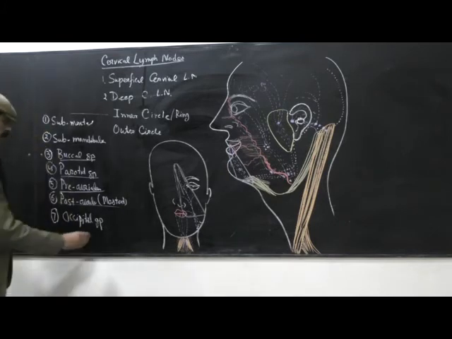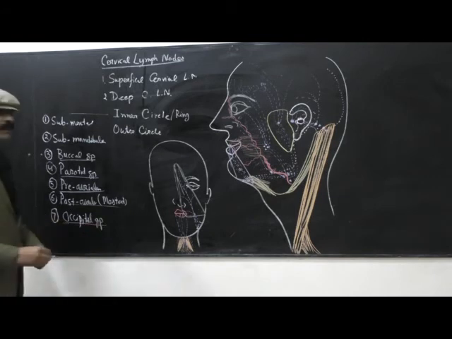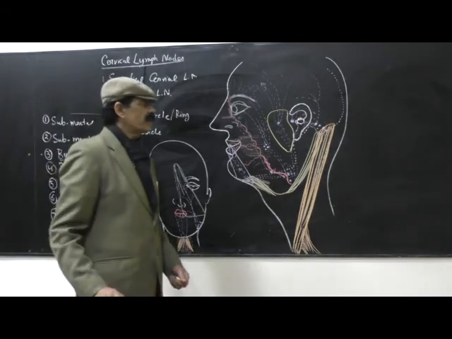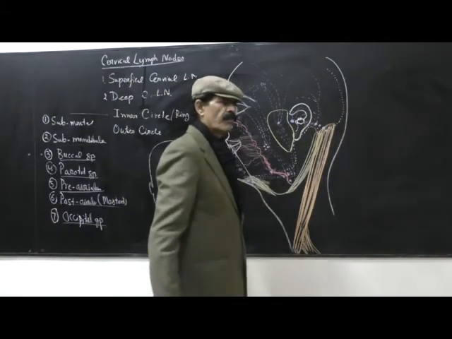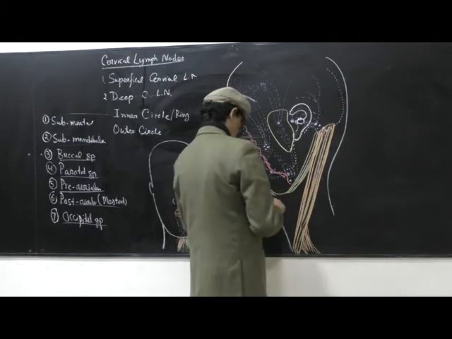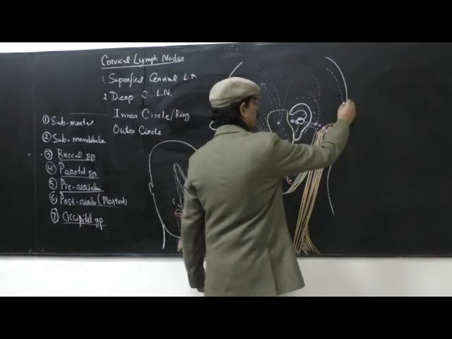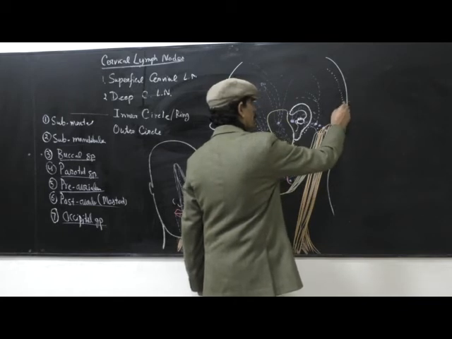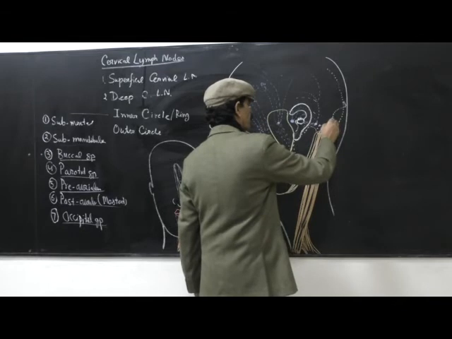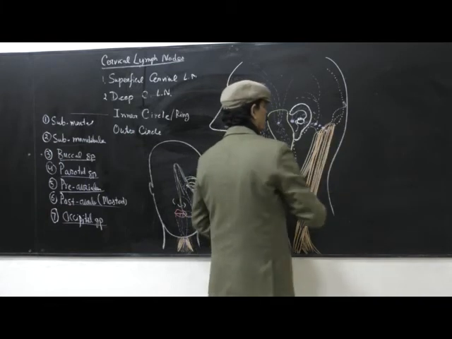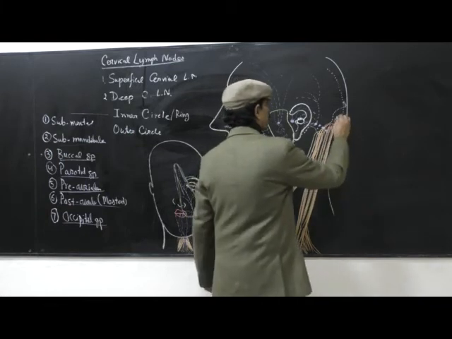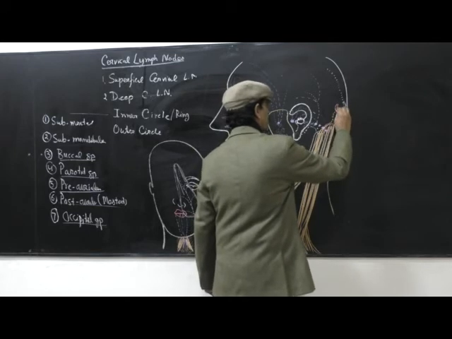Then comes the occipital group. As the name suggests, the occipital group is related to the occipital bone. And here lies the external occipital protuberance. From here lies the superior nuchal line where the sternocleidomastoid is inserted, then the inferior nuchal line. And here lies a tortuous artery of the scalp, that is the occipital artery.